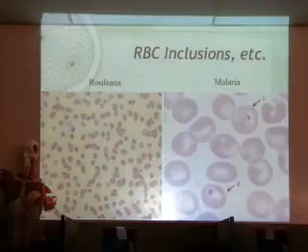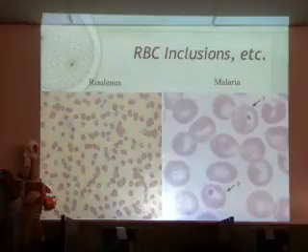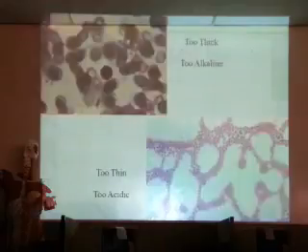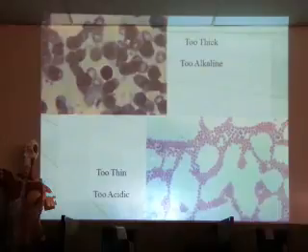But we don't have the right vector here to transmit malaria from person to person, so we don't see active infection here. But apparently in Hawaii we have bird malaria. So if some of you are going to be vets, maybe you'd be involved with looking at bird malaria in Hawaii.